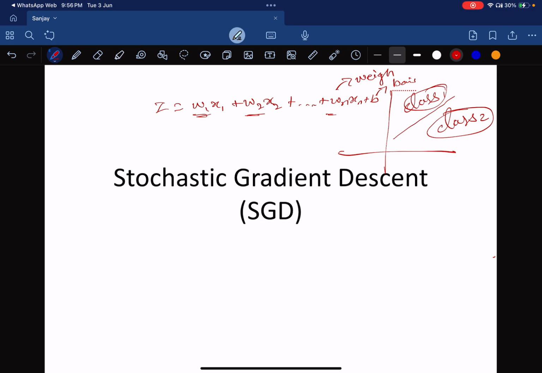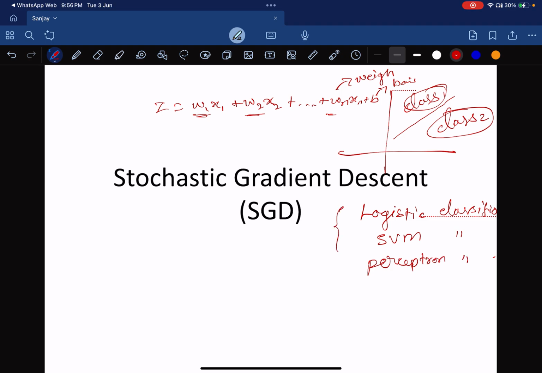The stochastic gradient descent is not a single algorithm, it is a combination of three algorithms, that is the logistic classifier, the SVM, support vector machine classifier, and the perceptron classifier.